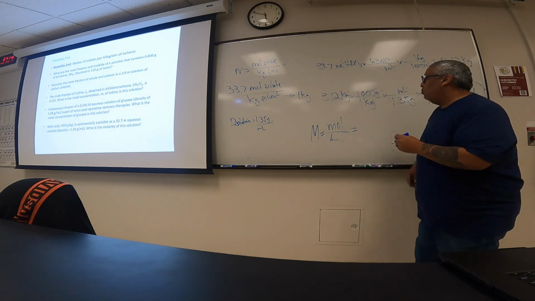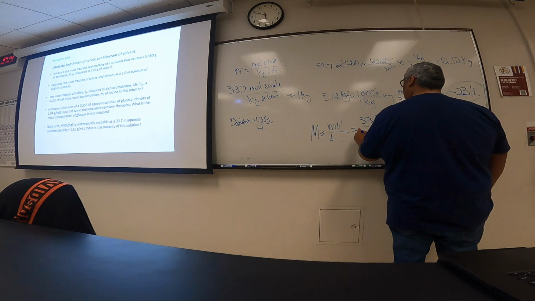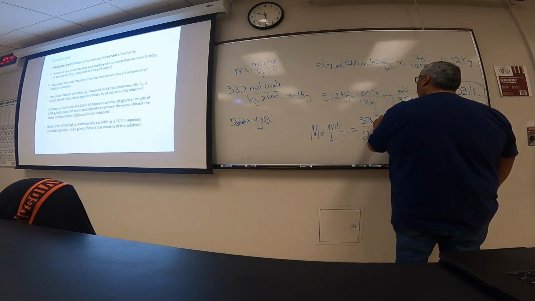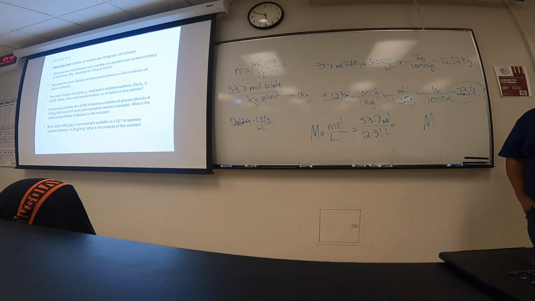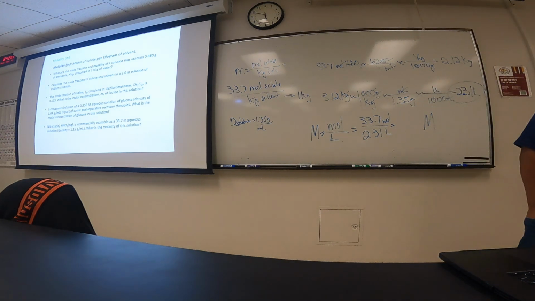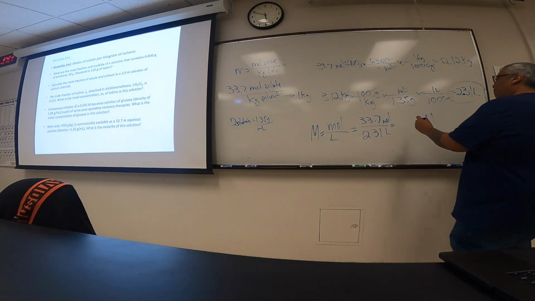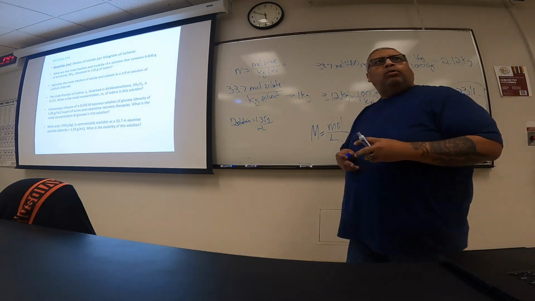We're given those moles here. So we're going to put 33.7 divided by 2.31. This is going to be moles per liter. What is the molarity of this concentration? 14.6 molar.